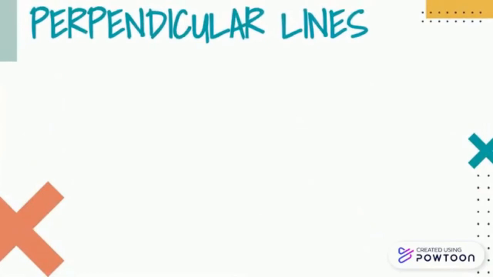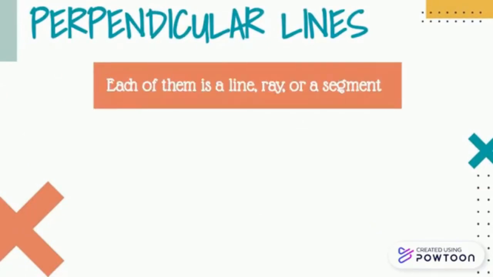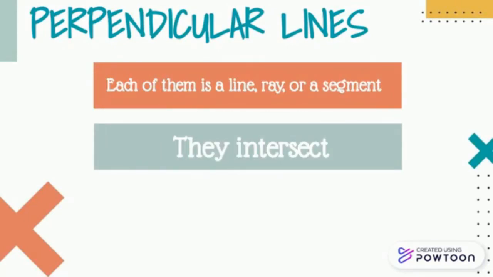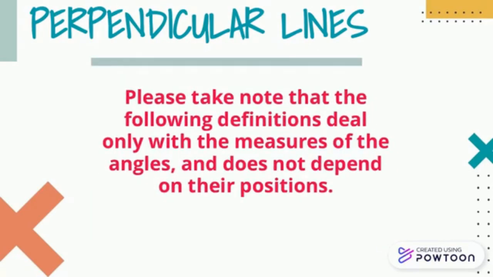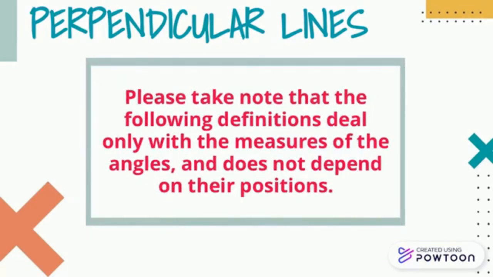Two sets are perpendicular if each of them is a line, ray, or segment, they intersect, and the lines containing them are perpendicular. Please take note that the following definitions deal only with the measure of the angles and do not depend on their positions.